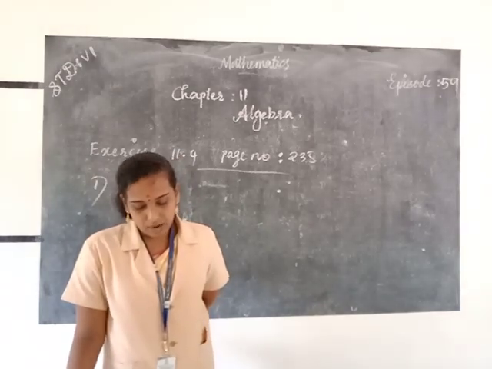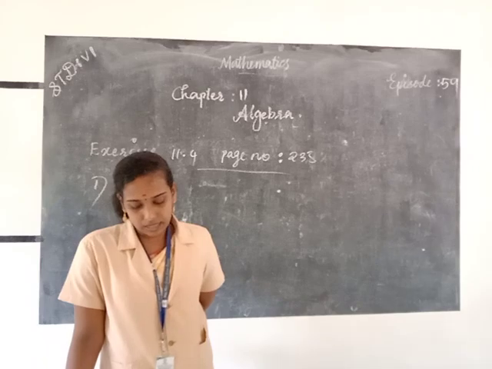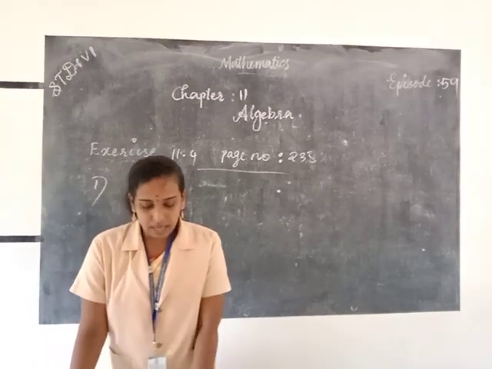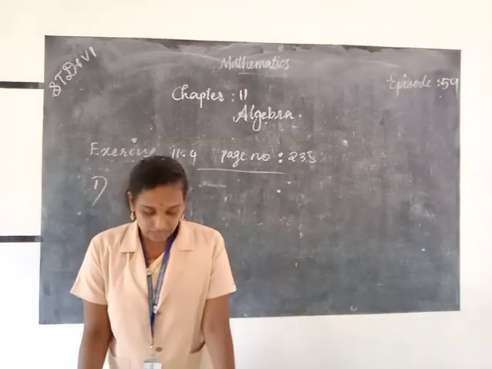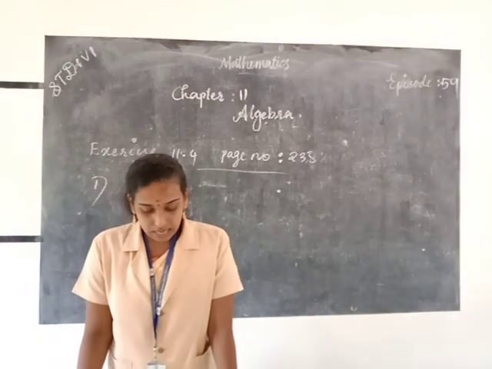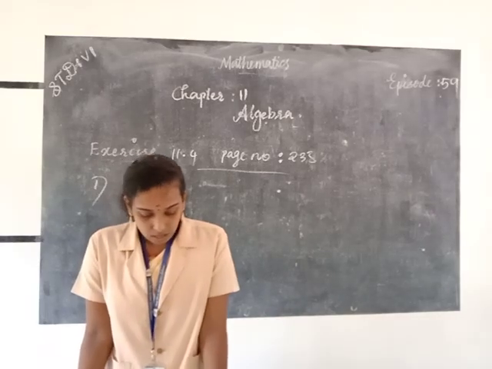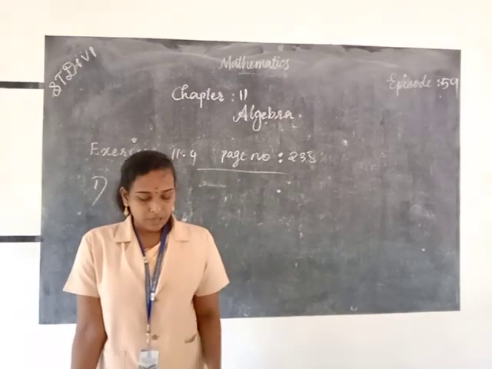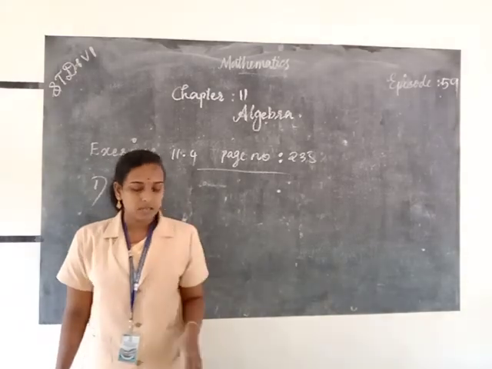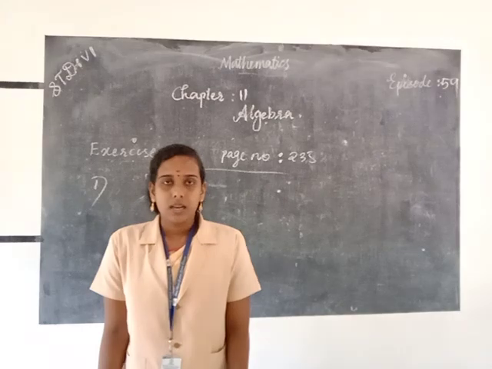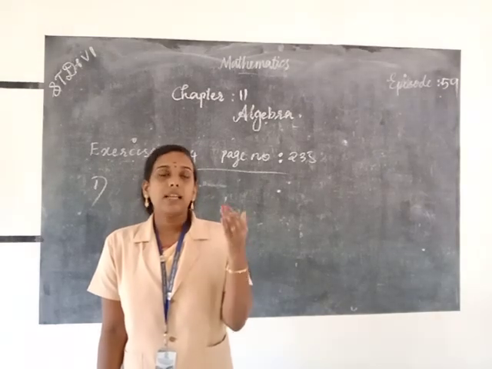Sarita's grandfather is 6 times her age. What is the age of her grandfather? Grandmother is 2 years younger than grandfather. What is grandmother's age? Sarita's father's age is 5 years more than 3 times Sarita's age. What is her father's age? Okay, so you just read the questions and try to answer them, so that we will discuss in the next class.